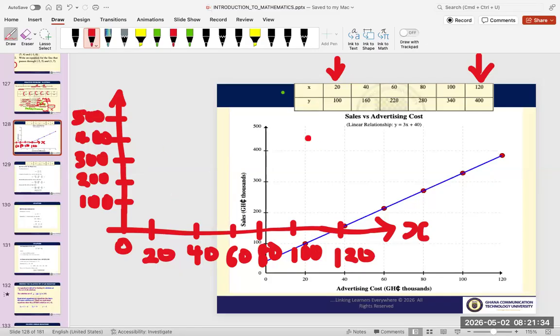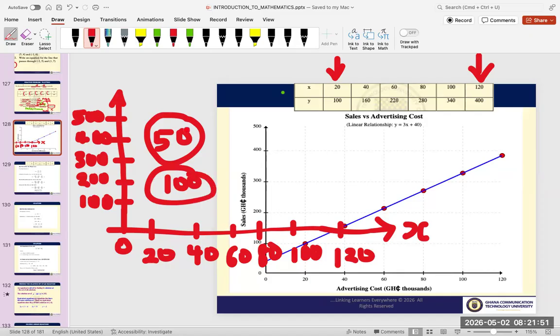Anytime you are plotting, and you see that the difference between the numbers is more than 50, it means you need to use 100 in the intervals here.